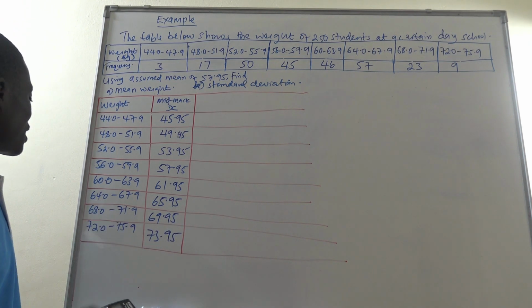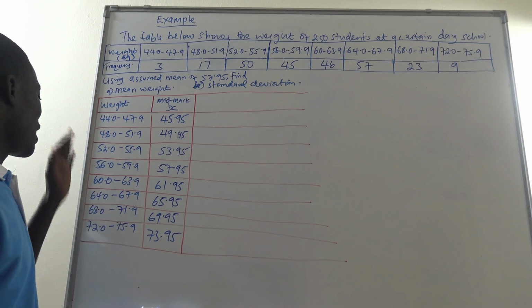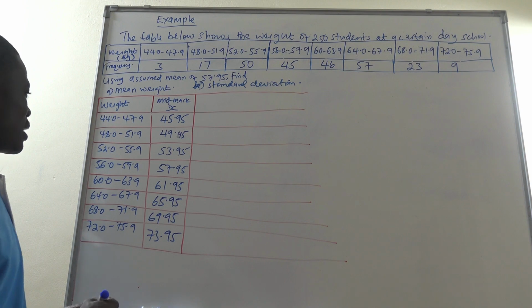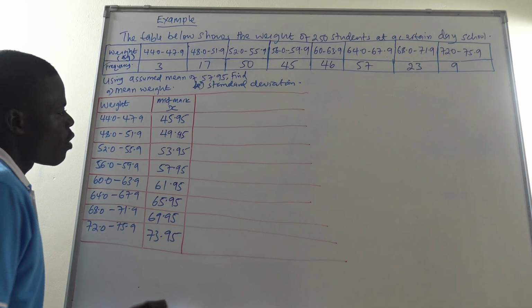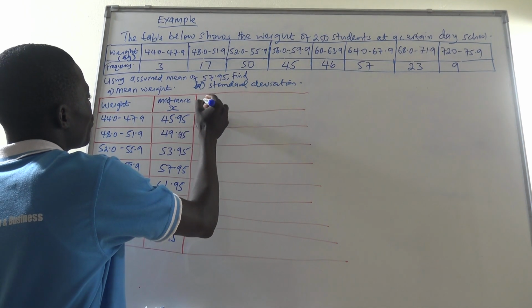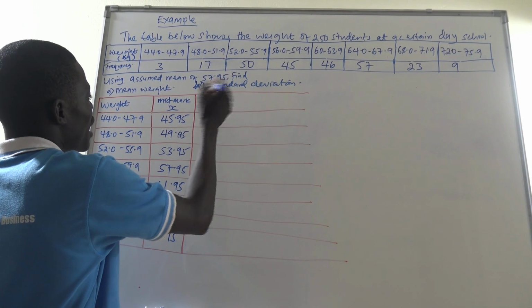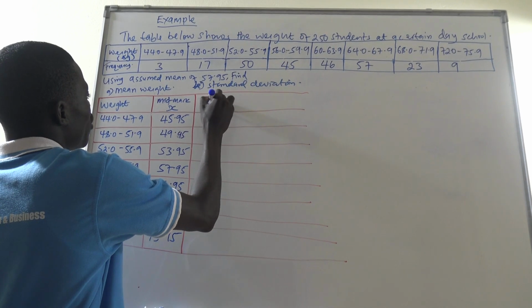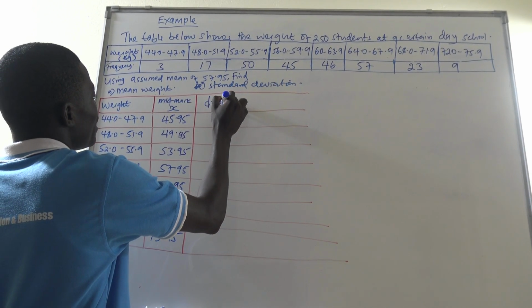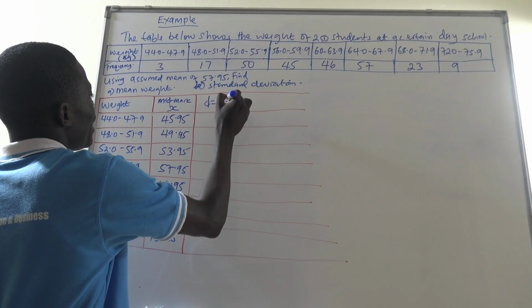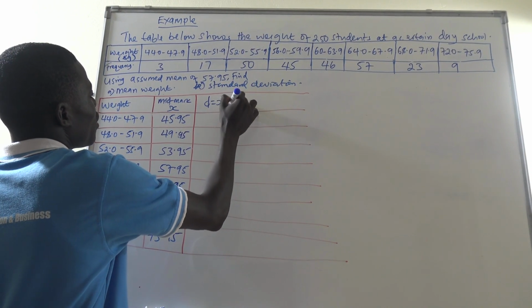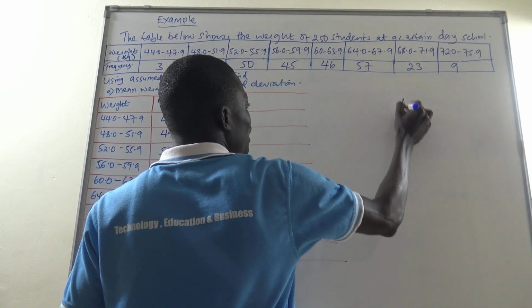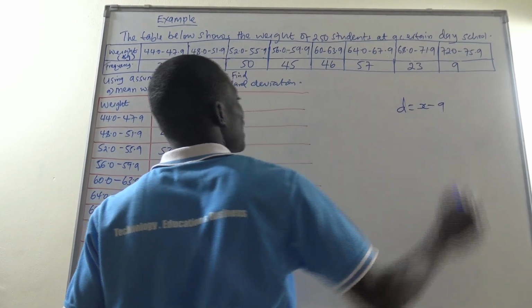When you look at this data, it has equal class widths. So what do you need next? You need a column for D, which we get from D equals x minus a.